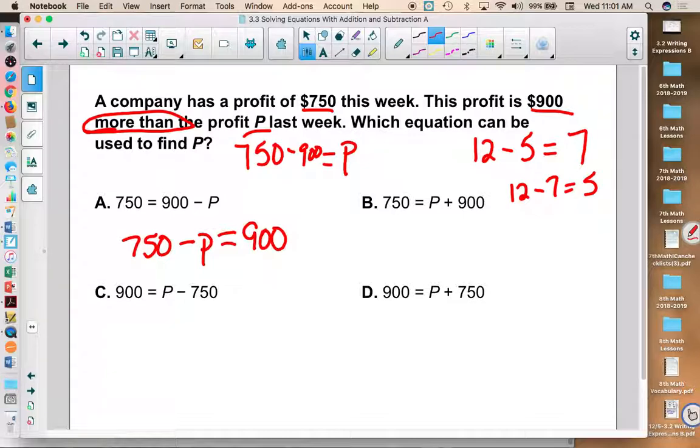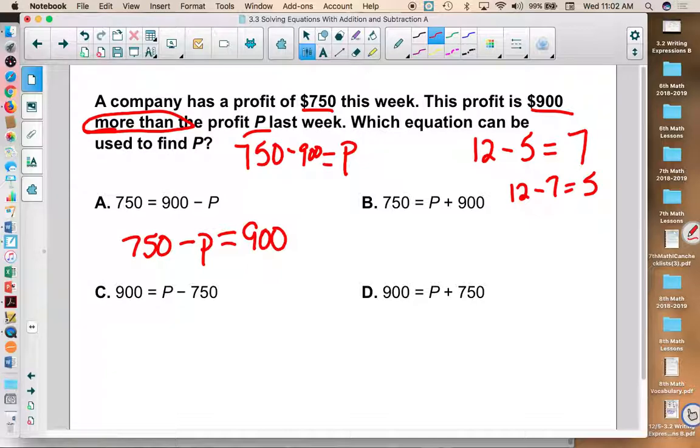C. But that's P minus 750. Oh. Does that work? That didn't work.